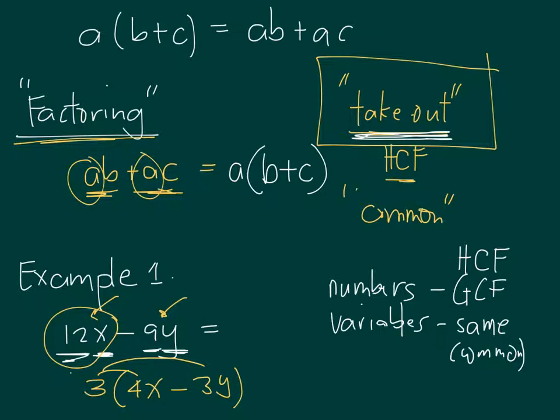So we get the same expression, which means that your factoring is correct. Notice as well that you can think of 4x and 3y as 12 divided by 3, which gives you 4, and 9 divided by 3, which gives you 3. So that's how we got 3 times the quantity 4x minus 3y as the factored form of 12x minus 9y. Okay, example 2.